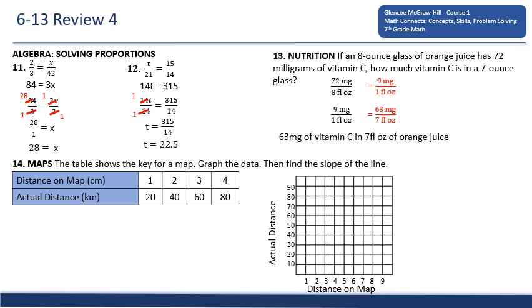So if it's 1 on the map, it's 20 in actual distance. 2 centimeters on the map is 40 in actual distance. 3 centimeters on the map is 60 kilometers in actual distance, and 4 centimeters on the map is 80 kilometers in actual distance. So the slope is 20 over 1, and every centimeter on the map represents 20 kilometers.